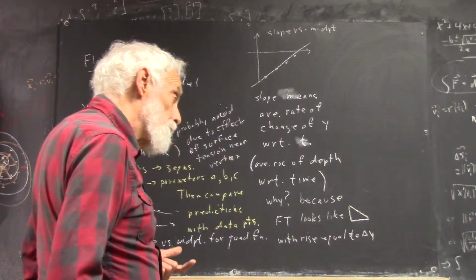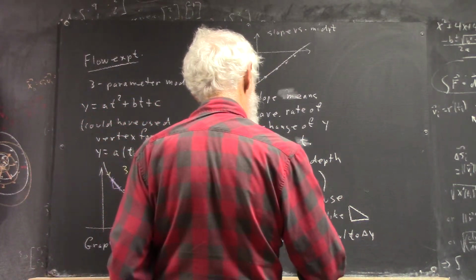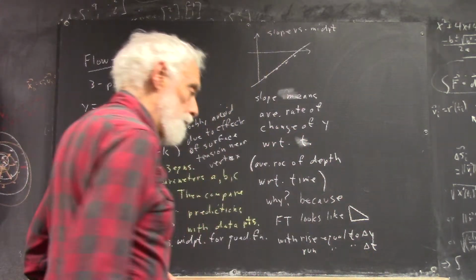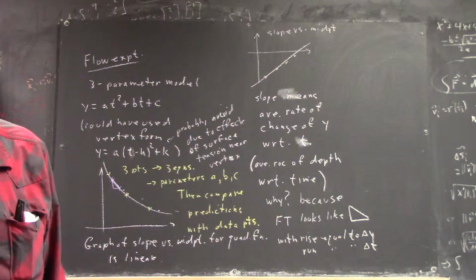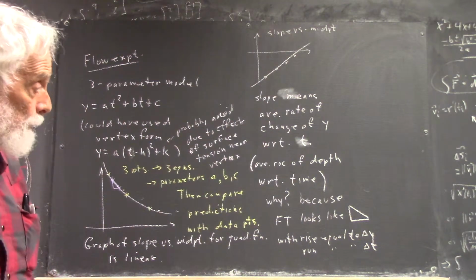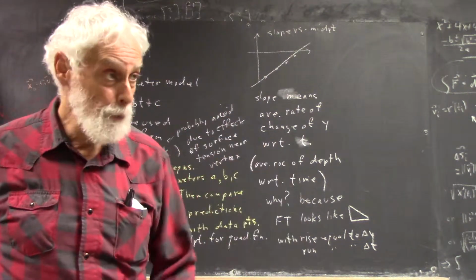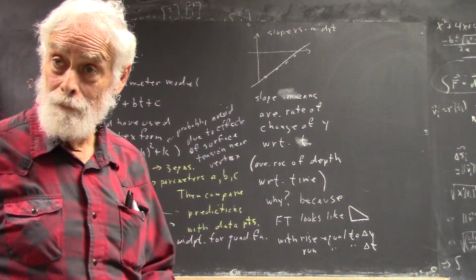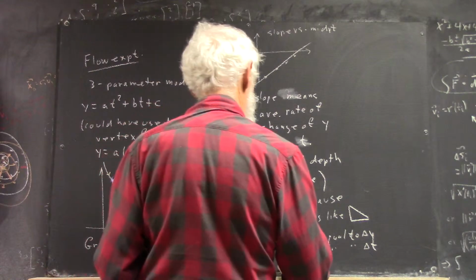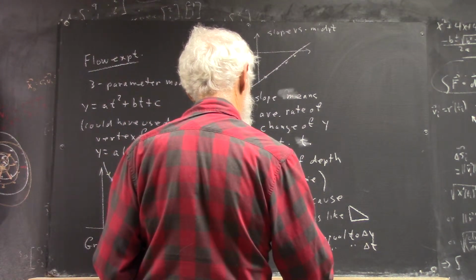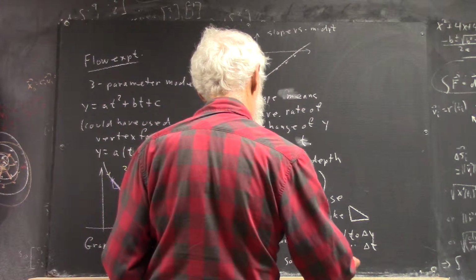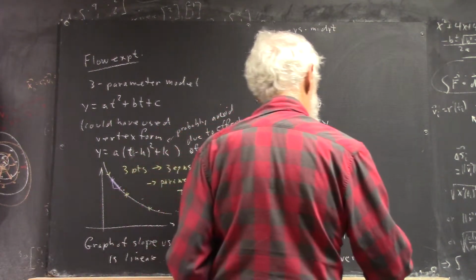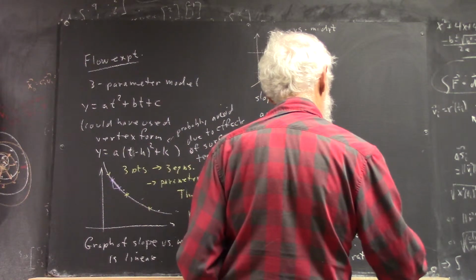The rise is equal to the change in Y. Run equal to change in T. So typically, the way we measured it, Y was in centimeters, T was in seconds, right? Anyhow, the slope is the average rate, which is delta Y over delta T.